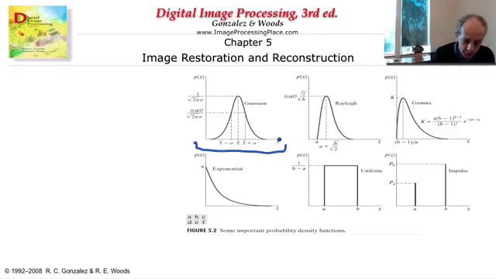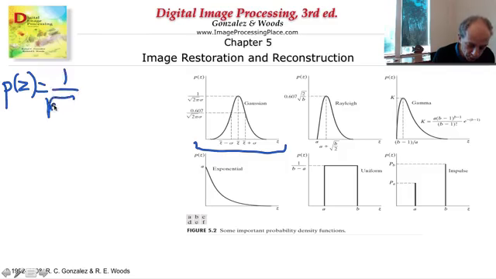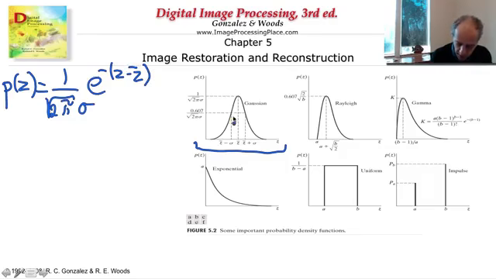I'm going to write down the formula for it. The probability of a certain value, a function that you have probably seen a large number of times already, is 1 over the square root of 2 pi sigma, where sigma is the standard deviation of the noise, times the exponent of minus z minus the average of the noise, squared, that's very important, divided by 2 sigma squared, the variance of the noise.